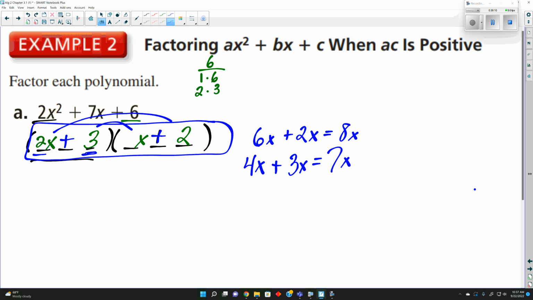So 2, 4, 8, 16, because we'd have a greatest common factor that would come out. So that means if we tried 1 and 6, I know that 6 couldn't go with the 2x. Only 1 can. Okay. But even if we don't remember that, we could still do 2x plus 6 times x plus 1 and check it, and it won't get the correct middle term.